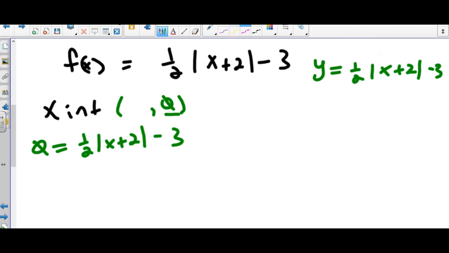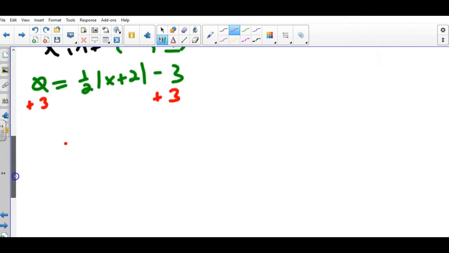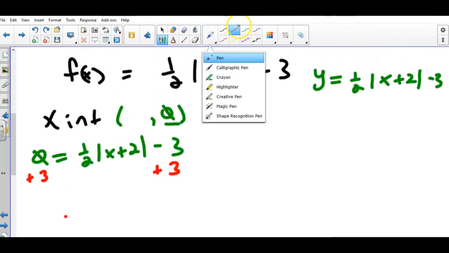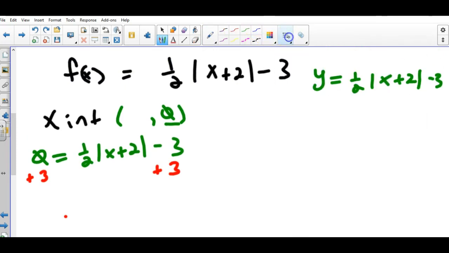So what would be my first step? Well, we're going to add 3 on both sides. Once I add 3, 0 plus 3 is 3. Now 3 equals 1/2 the absolute value of x plus 2.